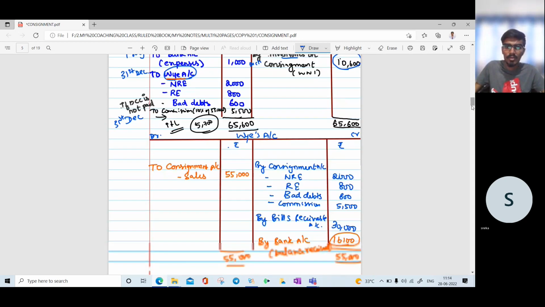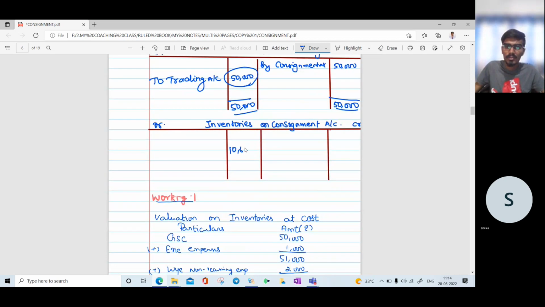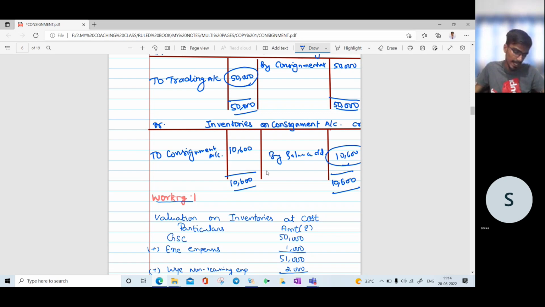Now on the debit side you put 10,600 to consignment account. This is 10,600 and this is also 10,600. Then you will get a balancing figure of 10,600. It should be carried on to the next year, by balance carried down.